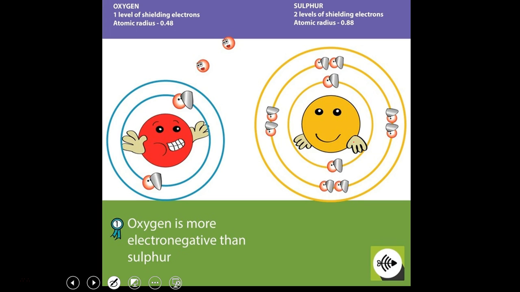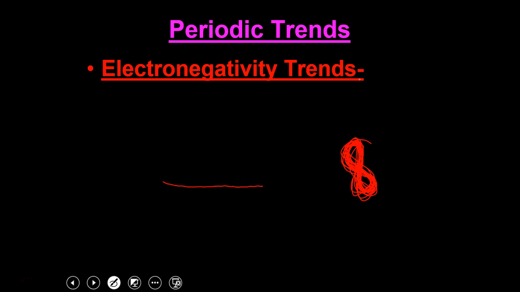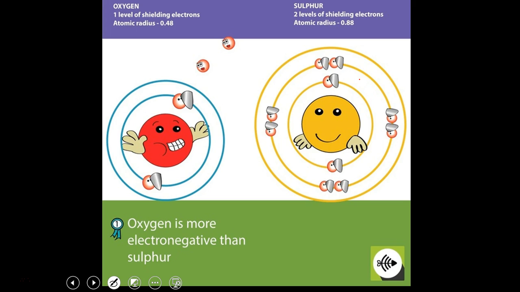All right, so again, oxygen is more electronegative than sulfur. Where is oxygen? Let's see. Oh, oxygen is there. Group 17, period 2. Sulfur, group 17, period 3. So oxygen has just one level of shielding. Sulfur has 2 levels of shielding.